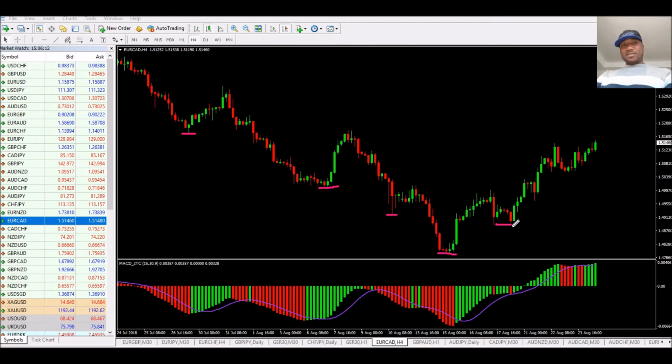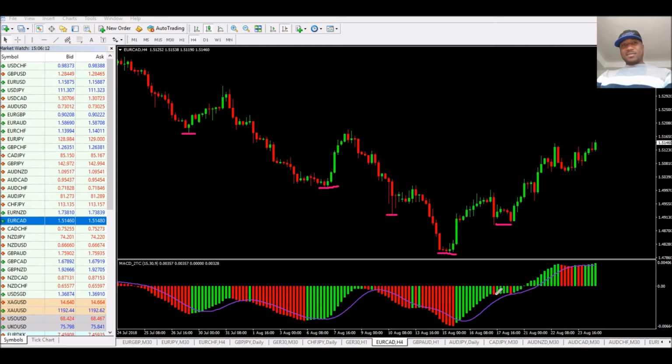So what do we do to identify a head and shoulder in a downtrend? If you have a series of lows, you want to see where the market failed to create another low. At this point, the market failed to create another low. So at this point, we want to pay attention. We want to see what the market is doing.